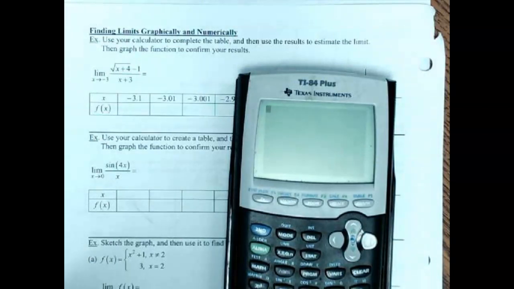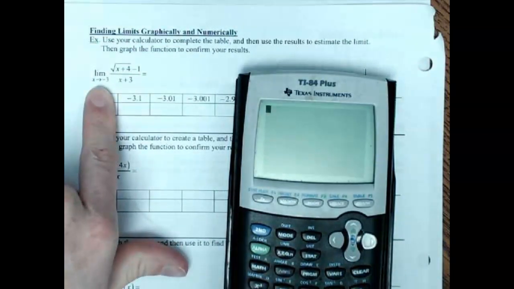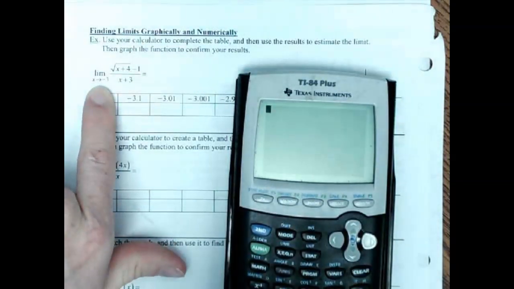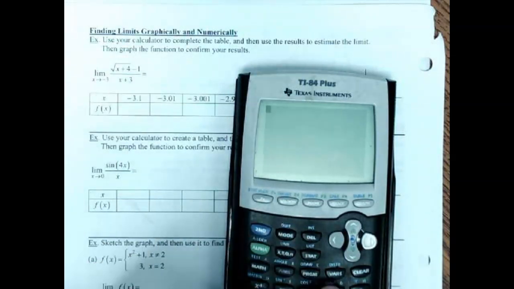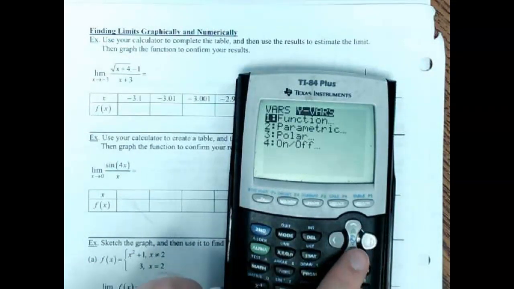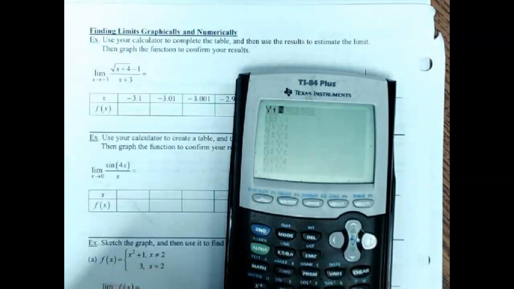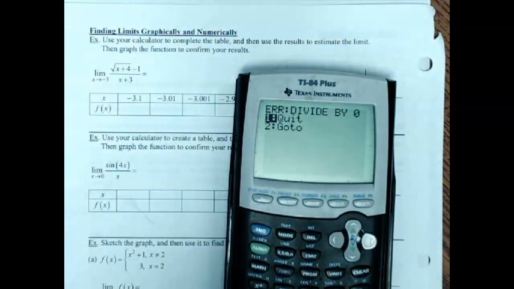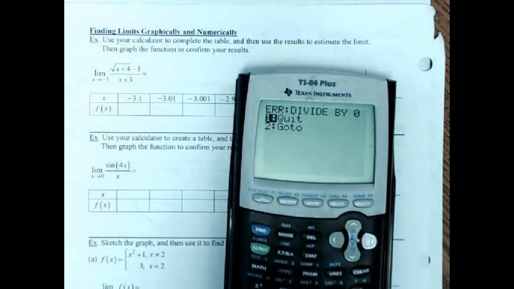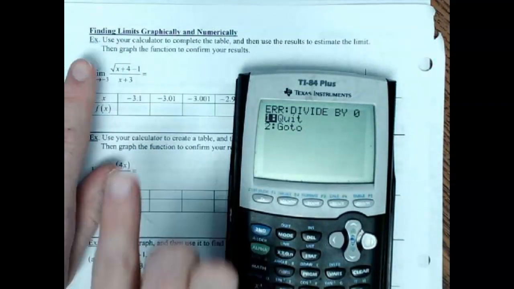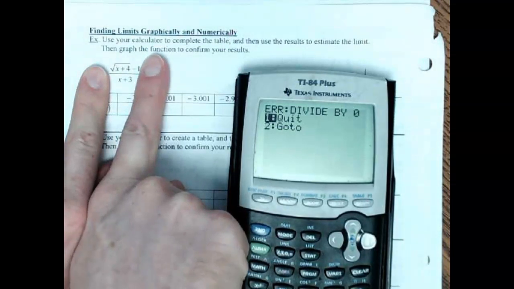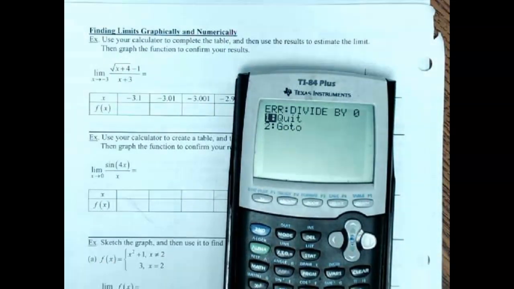Now, if I wanted to plug in -3, which means to directly evaluate it, I could do vars, y-vars, function, y1. I could tell this function to evaluate at -3, but you're going to get an error, right? If I plug -3 into this function, you're going to get a 0 in the denominator, which is a domain issue.